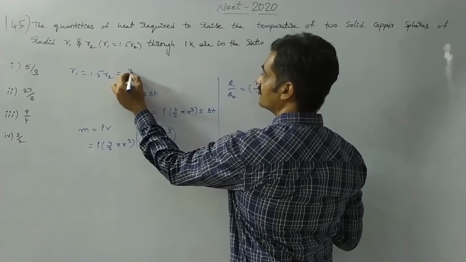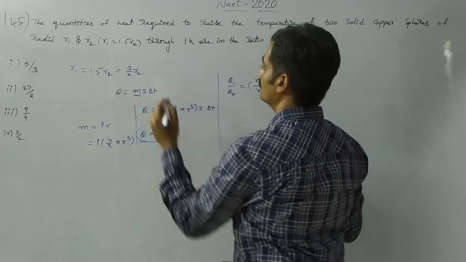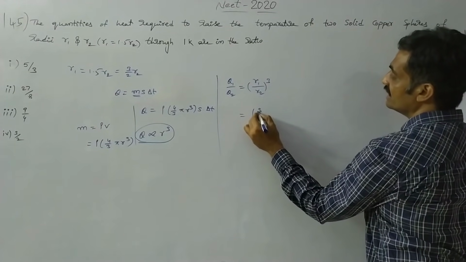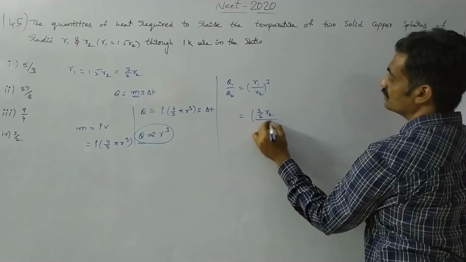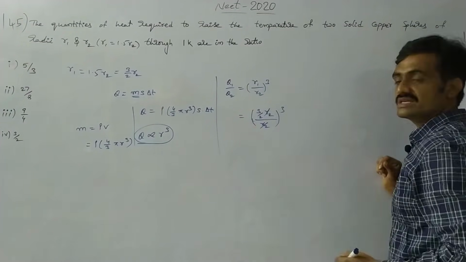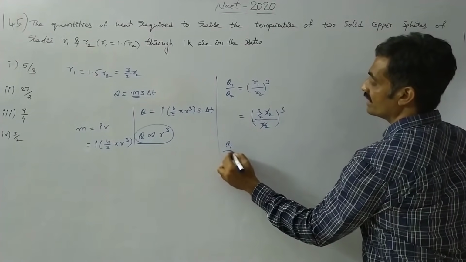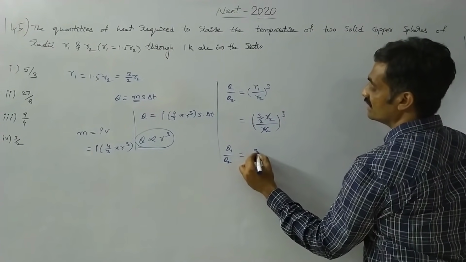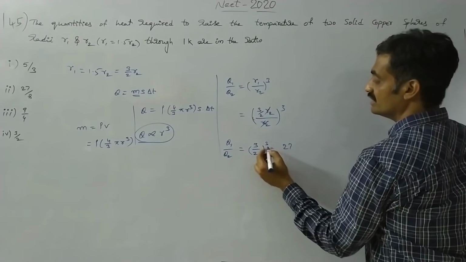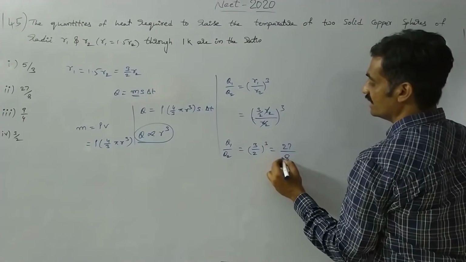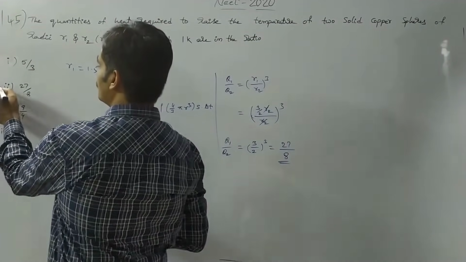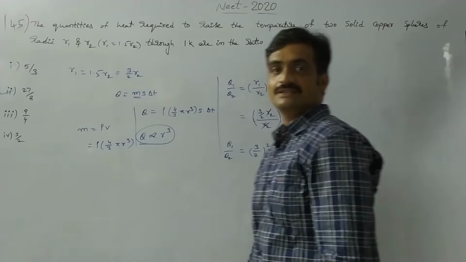We can also write it as 3 by 2 R2. If we substitute this value, we have Q1 by Q2 equals 3 by 2 R2 by R2 whole cube. So here R2 gets cancelled. We have Q1 by Q2 equals 3 by 2 whole cube. 3 cube is 27 and 2 cube is 8. So the ratio is 27 by 8. Option is 2. Take a screenshot.